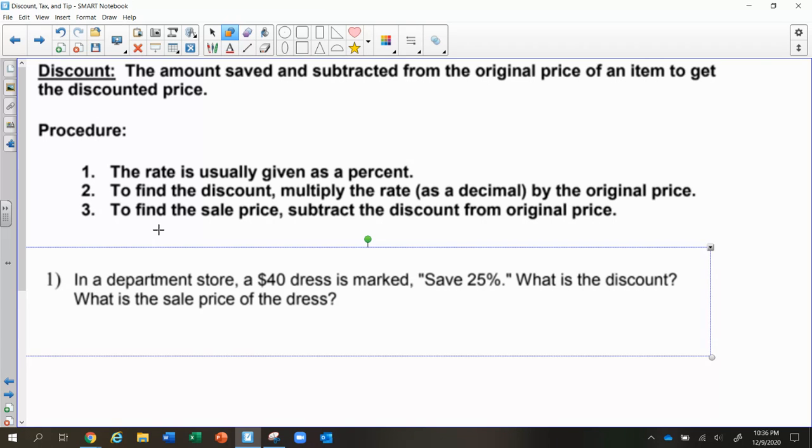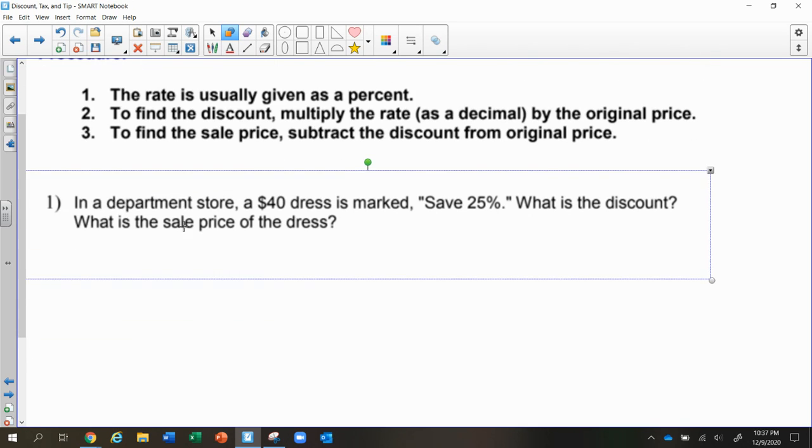This was one of the examples from yesterday or Tuesday. I can't remember when I gave it to you, but a lot of you guys got it right. So great job. But I'm still going to go through it again because there were quite a few people that didn't get a chance to do it. So it's the amount saved and subtracted from the original price.